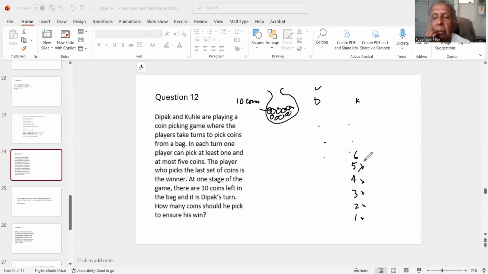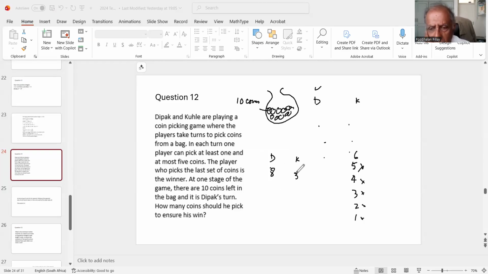You can't leave him with 6 or more, say he leaves him with 8. Kushla can't take more than 5. So he can take 5, but then Deepak wins because he'll take the whole lot.